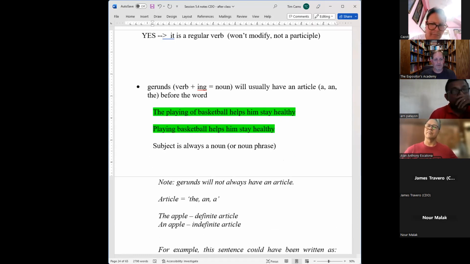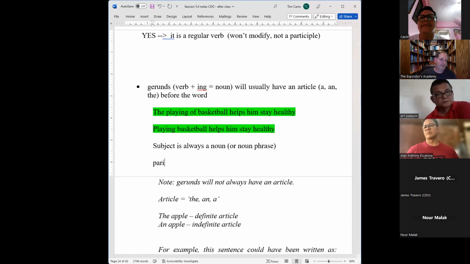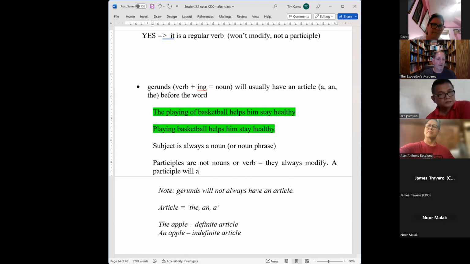Okay? So I know if it's a noun, it can't be a participle. Participles are not nouns or verbs. Okay? They always modify. That is, a participle will always act like an adjective or an adverb.